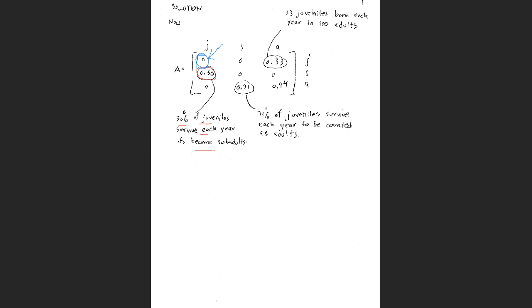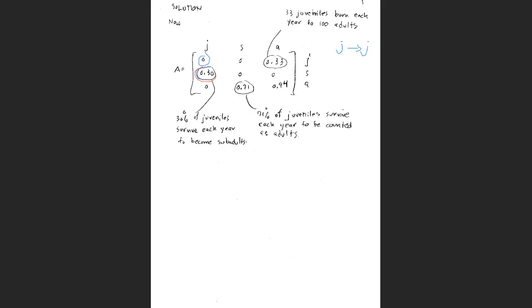What does this 0 represent? That's right, Good, Benjamin. So after a year, that's right, Haley. Excellent. After a year, a juvenile cannot stay a juvenile. The juvenile after 1 year has to grow to be a subadult. And 30% of juveniles survive each year to become subadults.